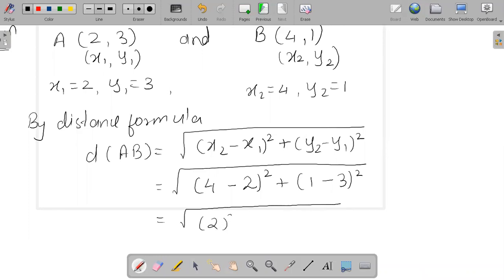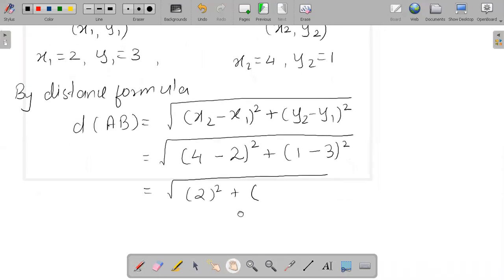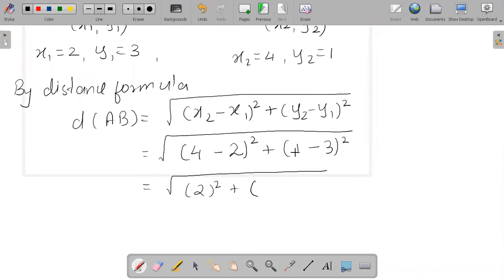This becomes 2 square. What about 1 minus 3? You will do the subtraction. How much is 1 minus 3? 2. But you put the sign of the greater number. What is the sign of the greater number? Minus 2. So this becomes minus 2 the whole square.